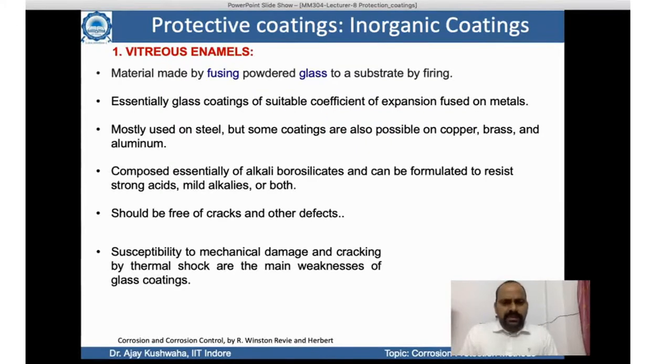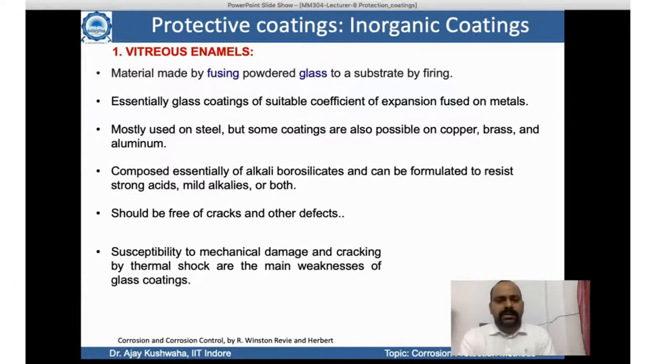Mostly used on steel, but some coatings are also possible on copper, brass, and aluminium. Here it is composed essentially of alkali borosilicate and can be formulated to resist strong acid, mild alkalis, or both. So if you are coating the powder glass over the metal, then this is quite good.